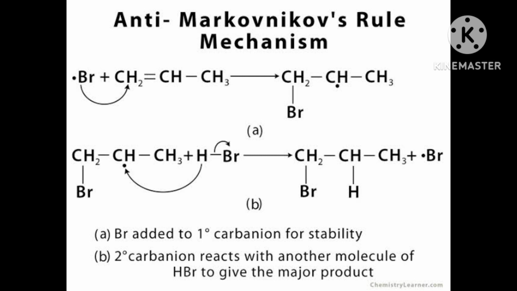In the first product, where carbon 1 is getting the plus charge, the carbocation is less stable, and the bromide ion will attach there.